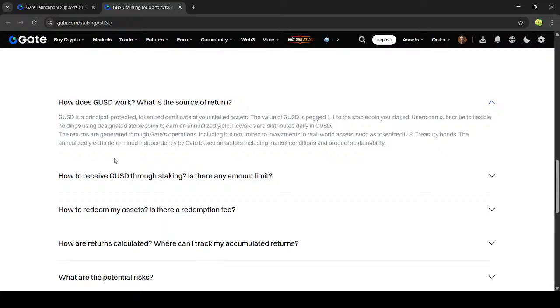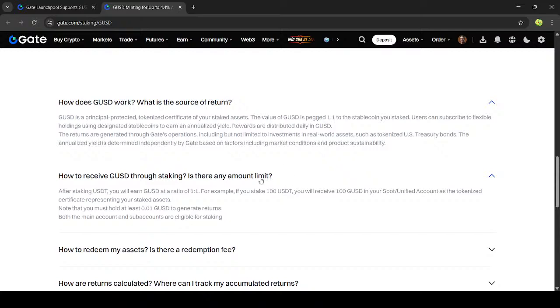Users subscribe to flexible holding using stablecoins, and the return is distributed daily. It is generated through Gate's operations, including but not limited to investment in real-world assets such as tokenized US Treasury bonds. Gate analyzes the yield and determines it independently, based on factors including market conditions and product sustainability, guys.